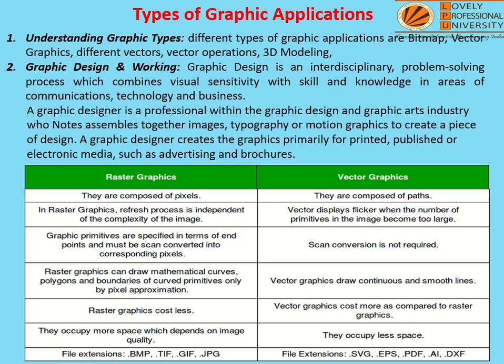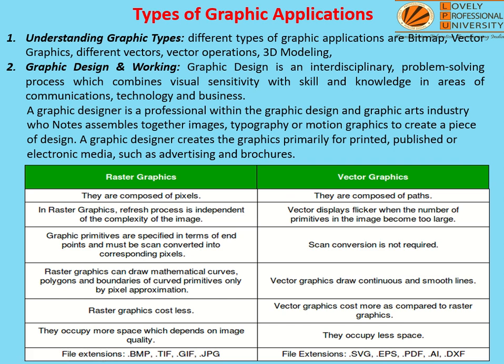Most of the important part, you are going to deal with bitmap, vector graphics, different vectors, 3D modeling, and here we are going to start with two important terms, that is called raster graphics and vector graphics. So remember one thing, whichever is made with pixels is called a raster graphic.